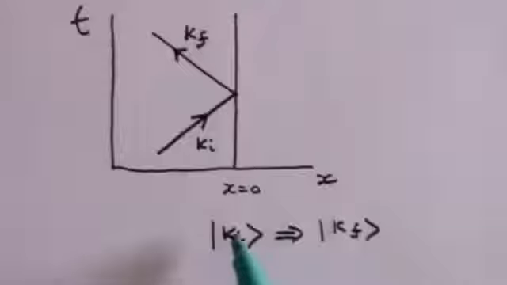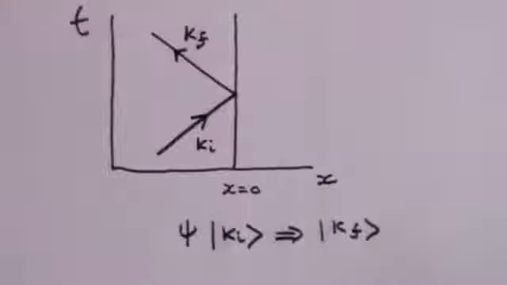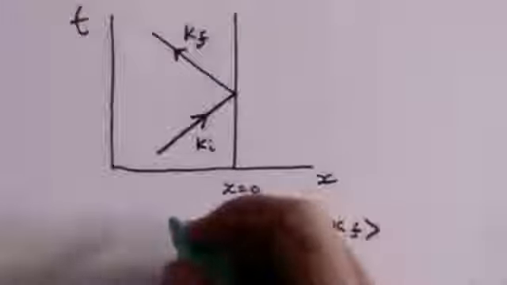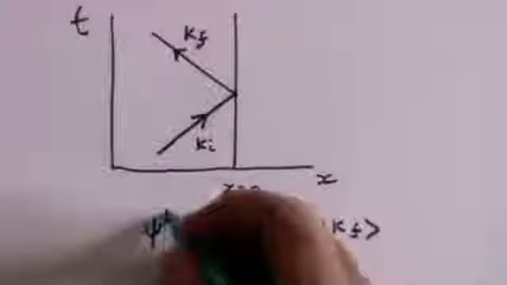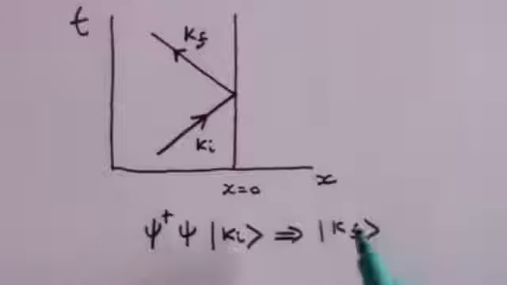Well, in quantum field theory terms, you annihilate this particle, so you apply the quantum field operator that will annihilate Ki, and then you put in the creation operator that will create Kf.